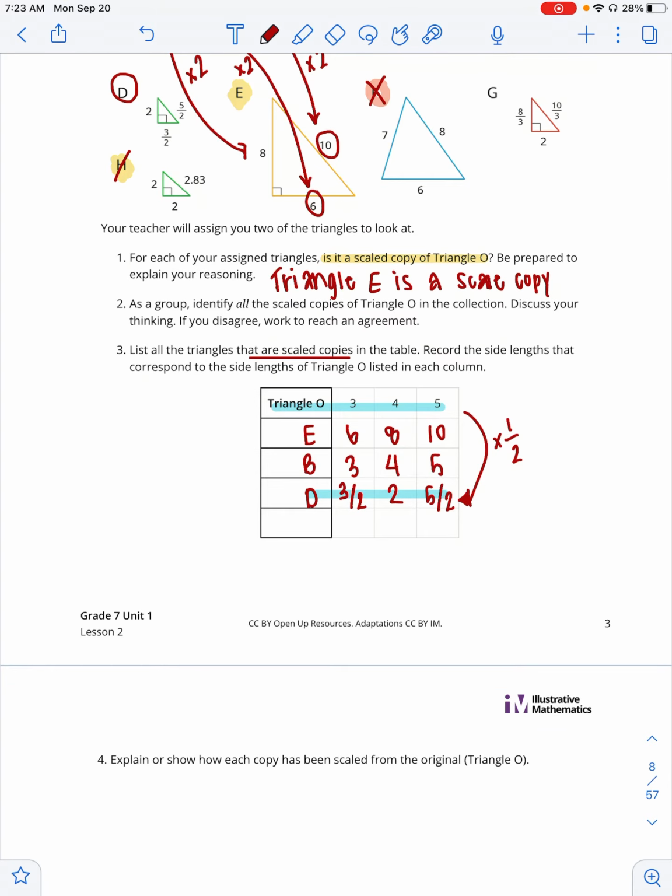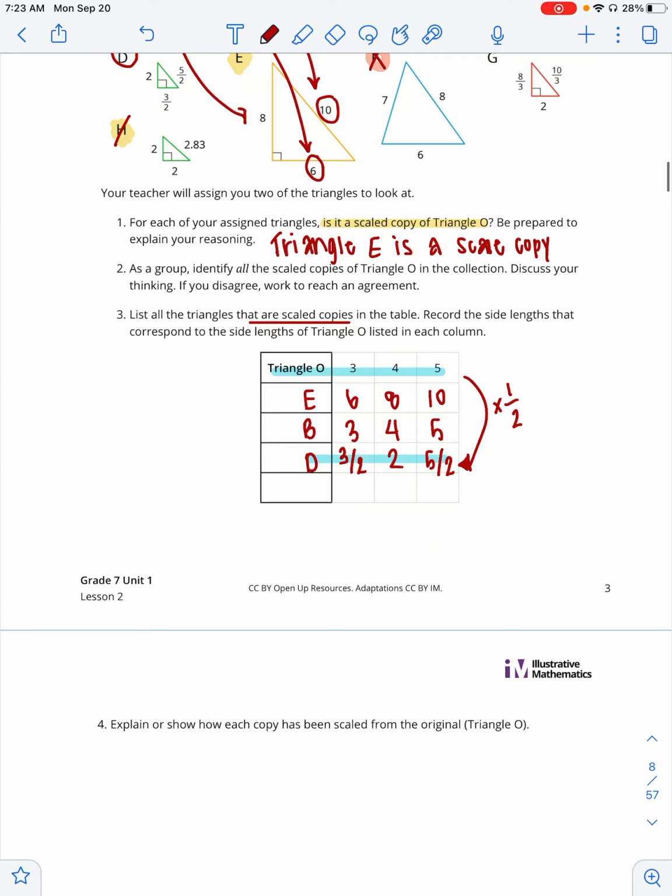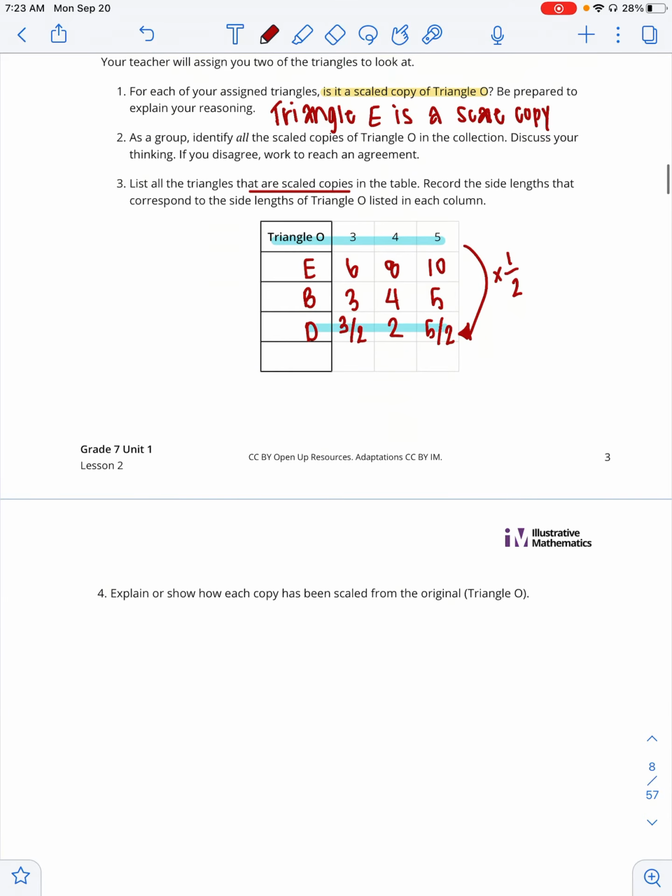As explain or show how each copy has been scaled from the original. Copies that we drew in our table.